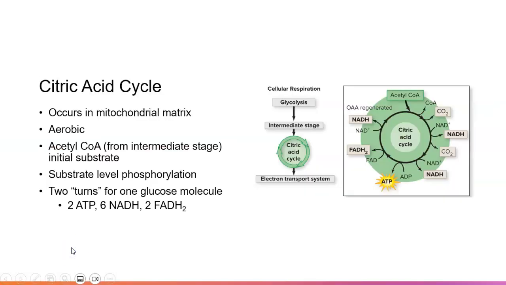All right, so let's move on to the citric acid cycle, Krebs cycle, TCA cycle. Again, you'll see I use different terms, but remember, guys, it's all the same thing. So during the Krebs cycle, the acetyl-CoA that we produce during transition is converted to two molecules of carbon dioxide.